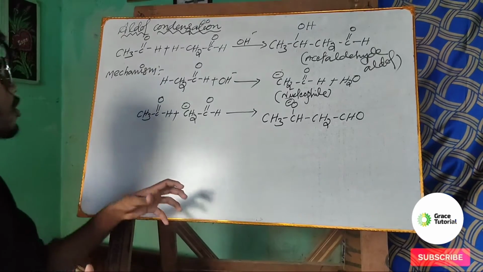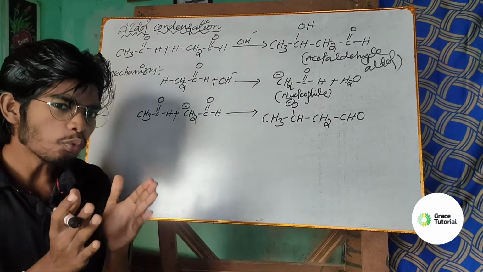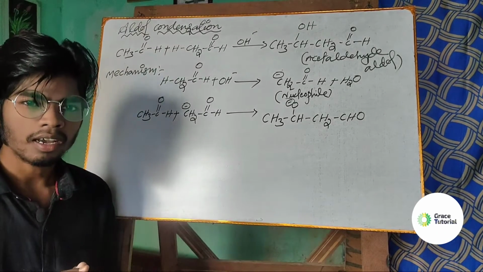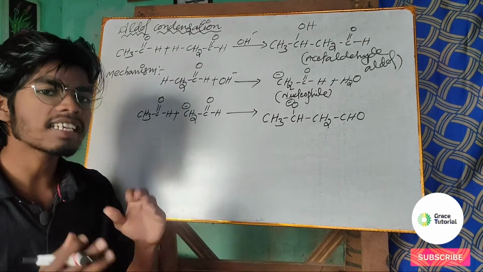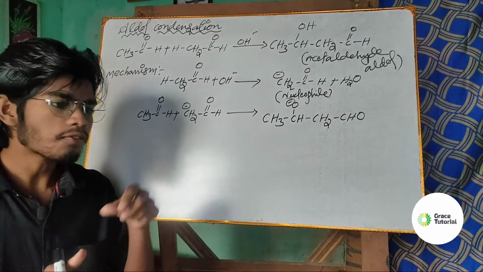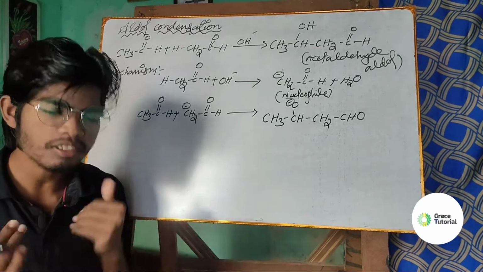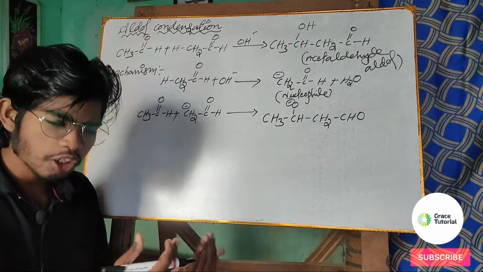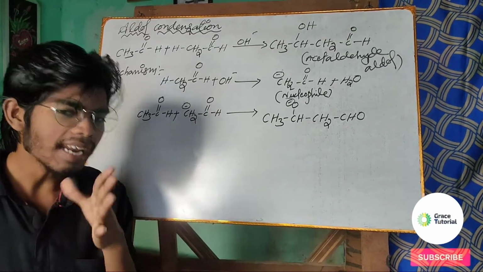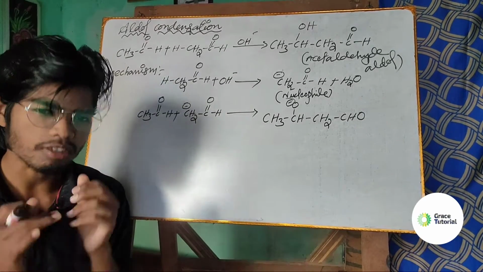So if we look at this chemical reaction, aldol condensation, first of all we need to understand what we mean by aldol condensation. When a mixture of aldehydes and ketones react together in the presence of dilute alkali, it may be sodium hydroxide or barium hydroxide, that means dilute NaOH or dilute Ba(OH)2, then the product which is obtained is beta hydroxyaldehydes or beta hydroxy ketones.